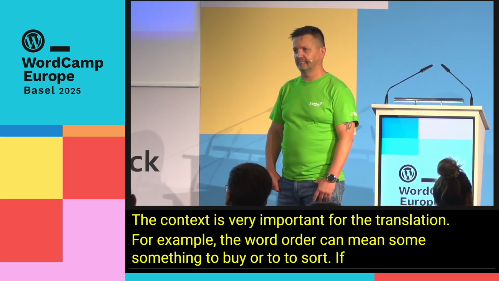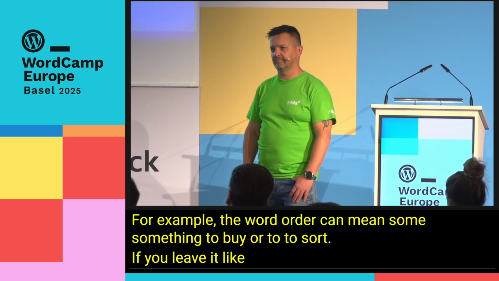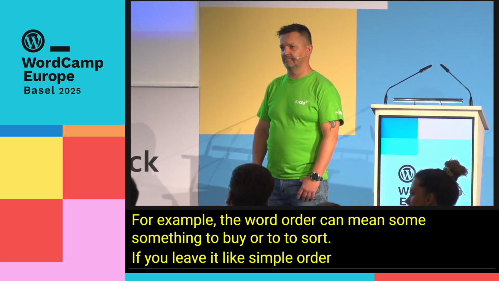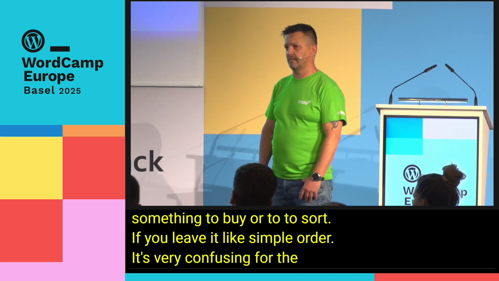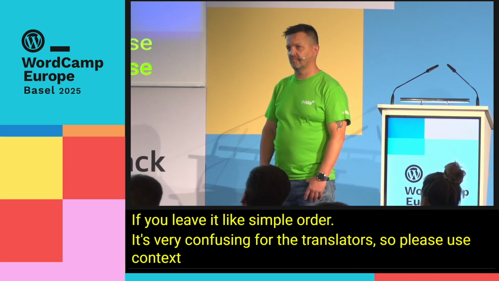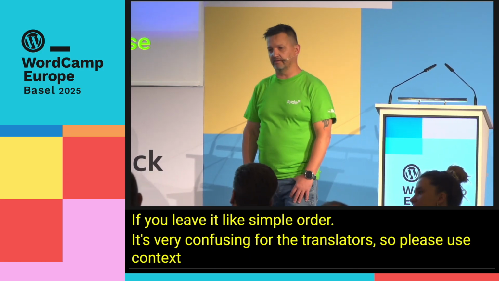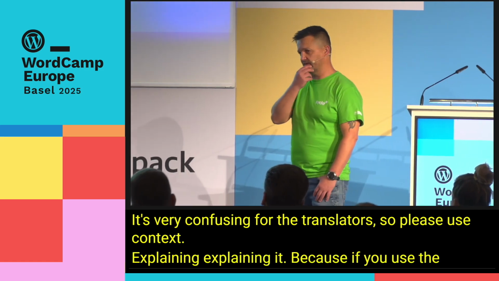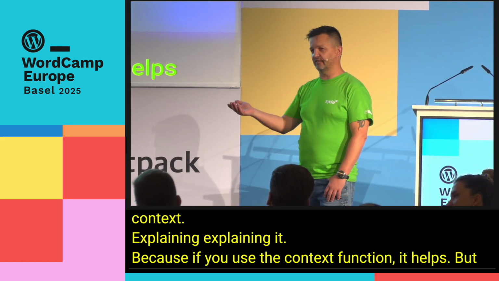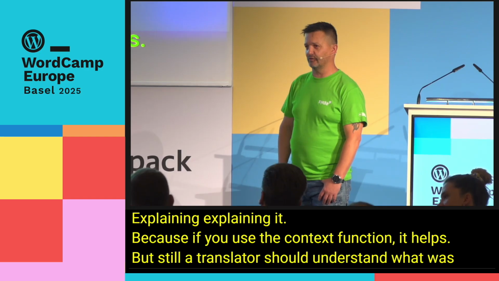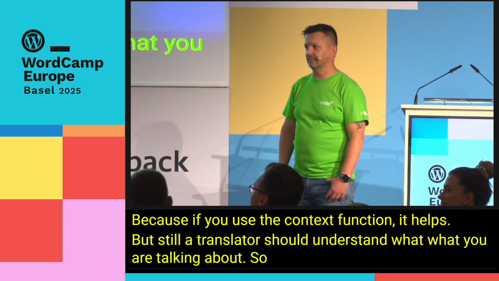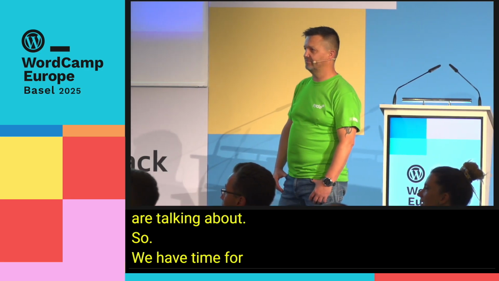If you leave it as a simple order, it's very confusing for the translators. So please use context. Thank you also very much for explaining it, because if you use the context function, it helps, but still a translator should understand what you are talking about.